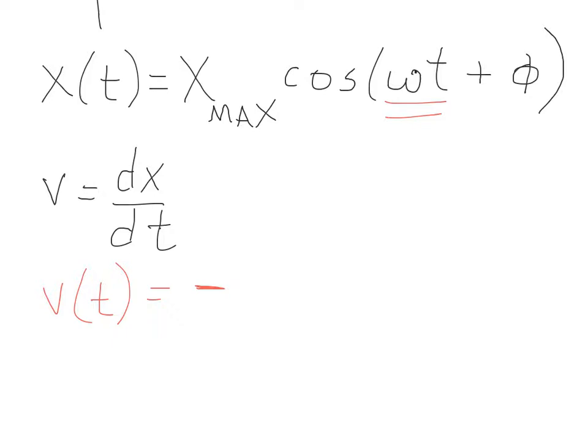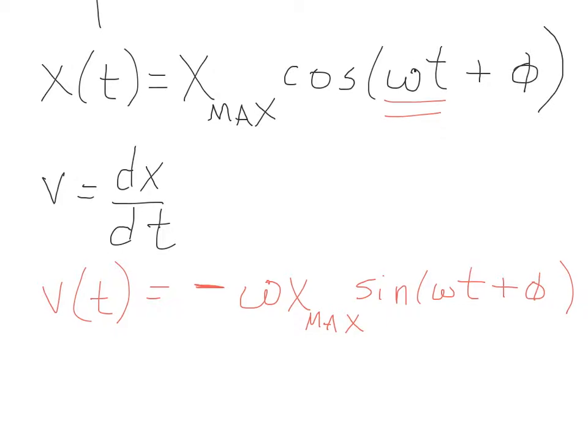I like to put that out in front. So we'll have an omega times x max times the sine of, and then the argument is going to be the same, omega t plus phi.